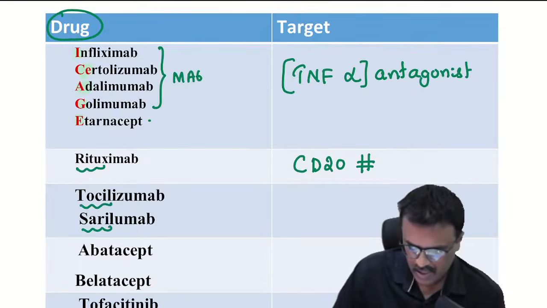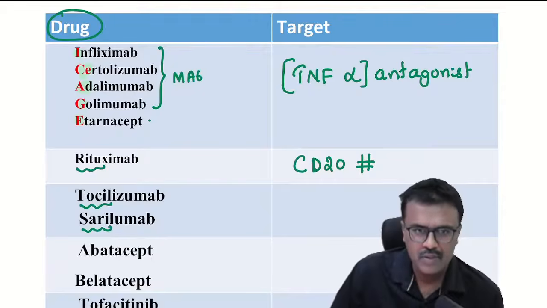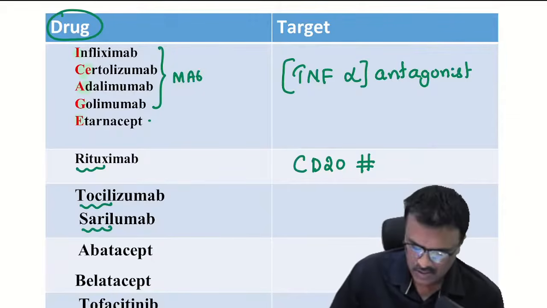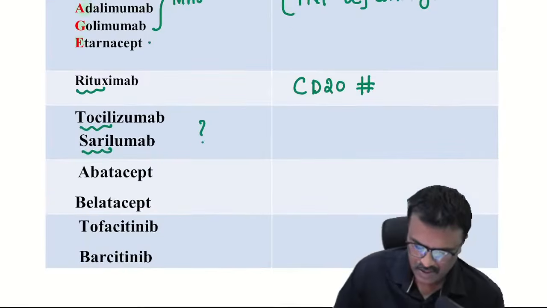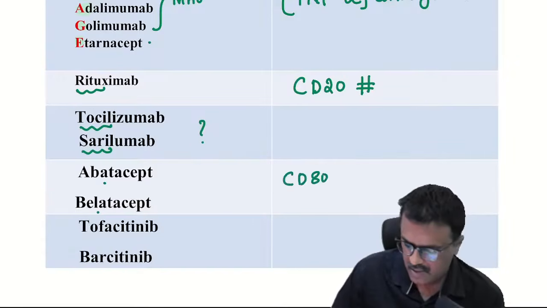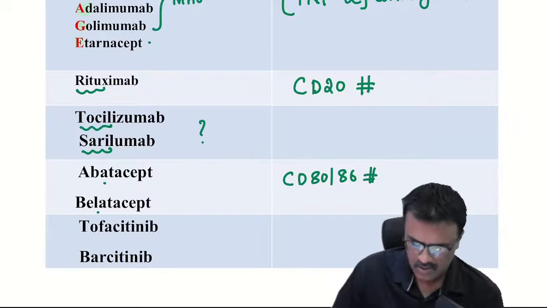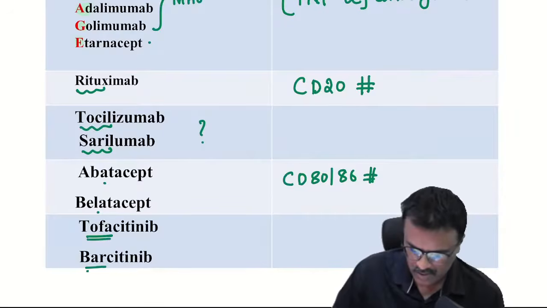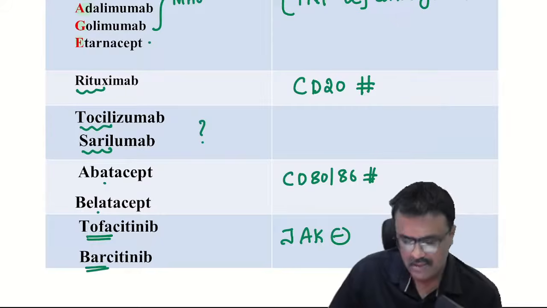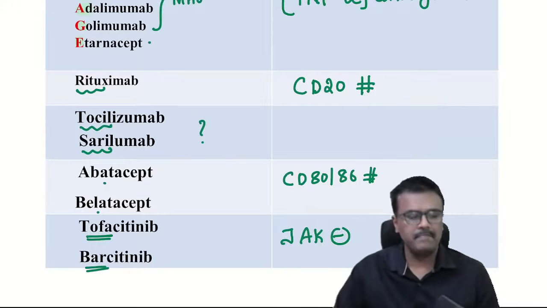Tocilizumab and sarilumab. Abatacept and belatacept are blockers of CD80/86, that is, co-stimulation inhibitors. Tofacitinib and baricitinib are JAK inhibitors, Janus kinase inhibitors.